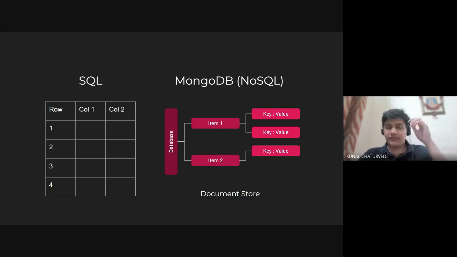So when I declare something like this, the name becomes the key, and the value associated with it, named very appropriately, is Dairy Milk. So the name is the key and Dairy Milk is the value for that key. Again, 100 is the value for price. So price is the key, and 100 is the value for that price. So this is how our items are structured inside of a database.